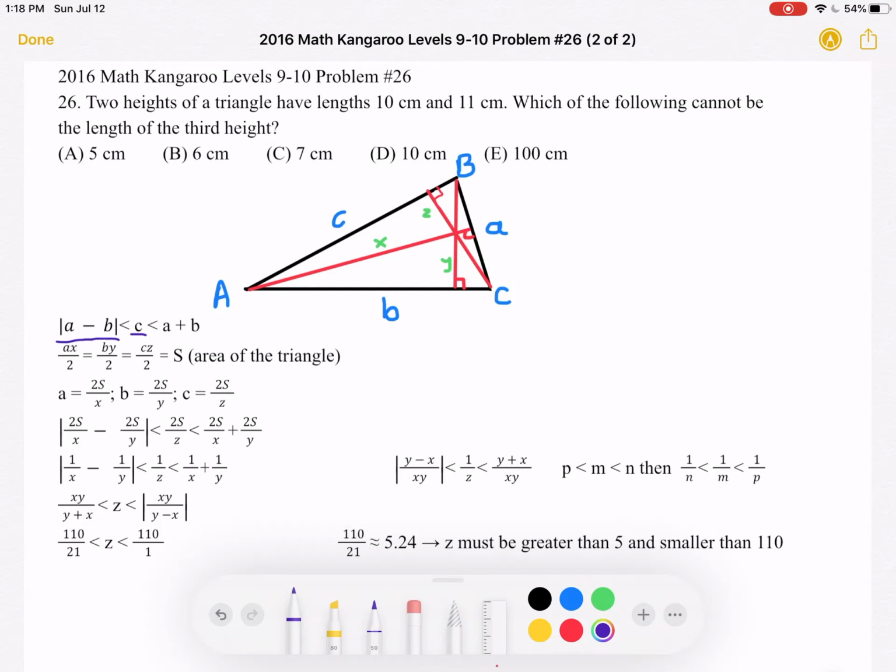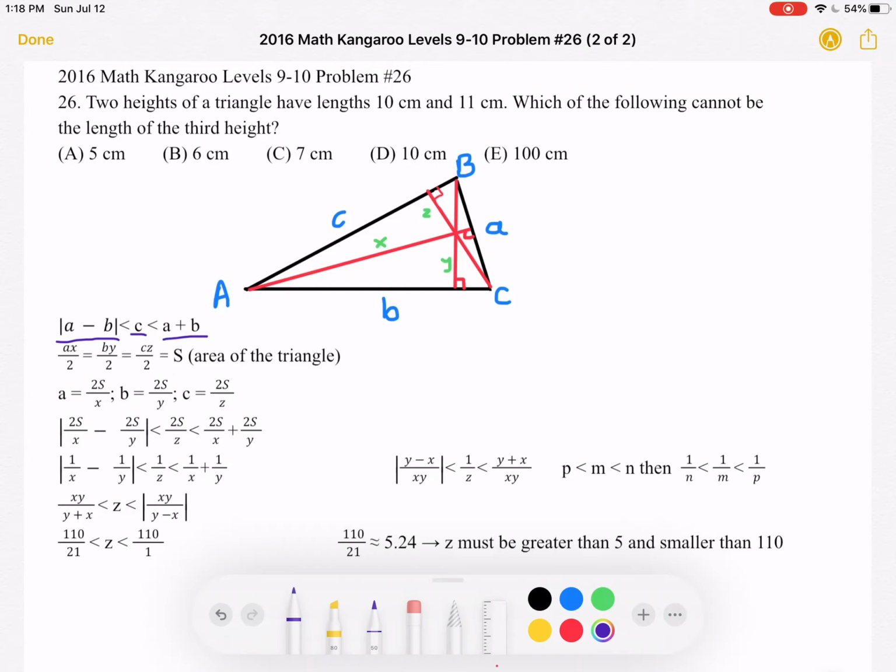And this side c must also be less than the sum of the other two sides. This is an inequality that's true for all triangles, and we will use it throughout this problem.